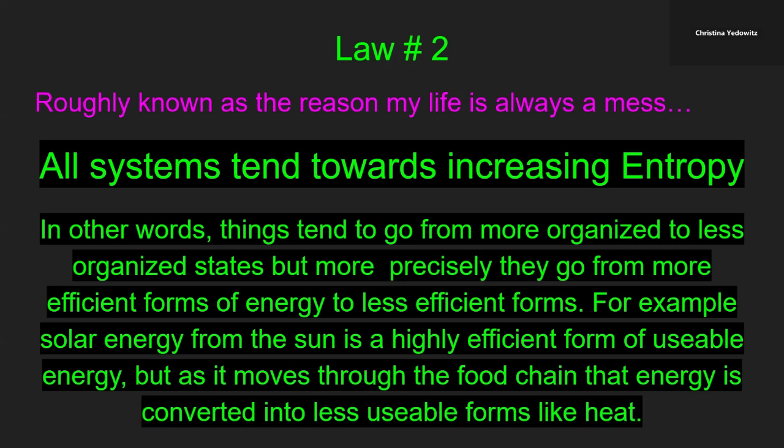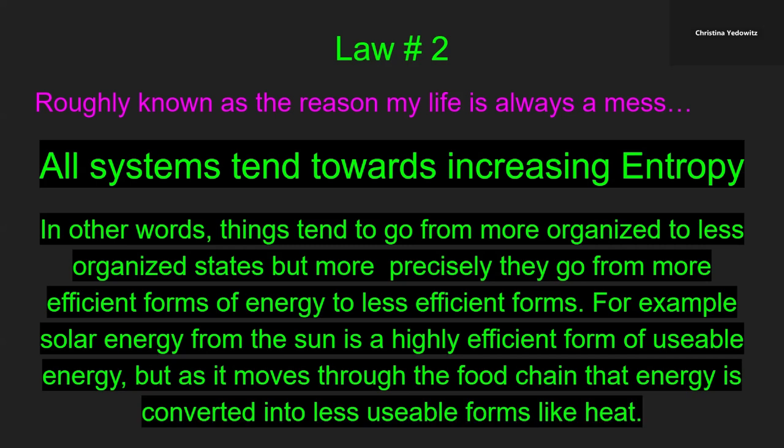So you might start out with a super efficient form of energy like fusion energy in the sun. That then gets converted into radiant light and heat that the sun radiates, and then it hits our planet. We get that energy from the sun, and it gets converted into chemical energy by plants when they absorb sunlight.